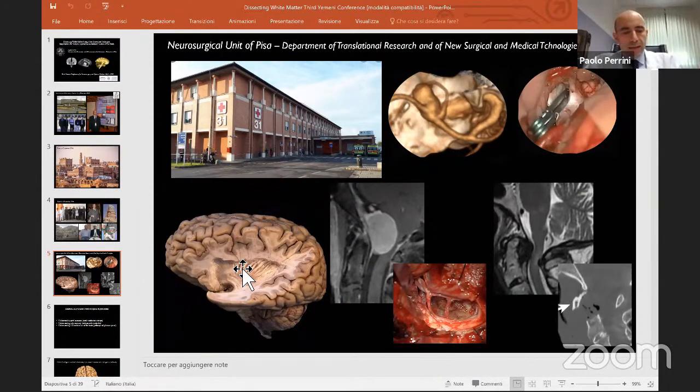In this presentation, I would like to discuss how we can improve our microsurgical approaches by thinking anatomically, that means using gyri and sulci as anatomical landmarks. In addition, I would like to discuss, with some examples, how knowledge of white matter anatomy is effective in understanding the spread of gliomas. That means learning the anatomy through the pathology.